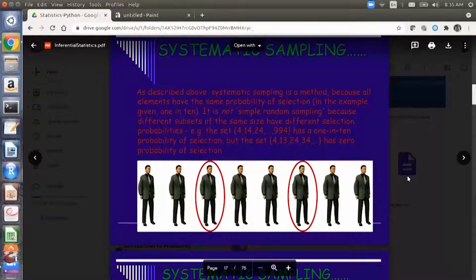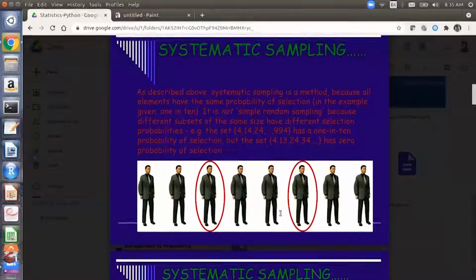Sometimes the data might be following some pattern. So if we follow systematic sampling, it might be biased. Possibility that every third person is Madhusudan, possible or not possible? Every third person is female. Every third person is male. Every third person belongs to Tamil Nadu, every third person belongs to Rajasthan, some hidden periodicity, some hidden pattern, possible or not possible?